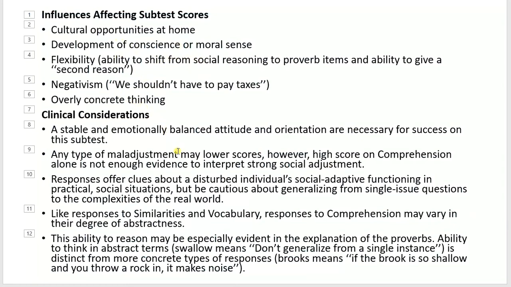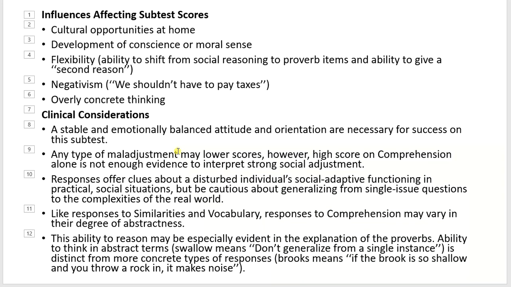And clinically, a stable and emotionally balanced attitude and orientation is necessary for success on this test. So, if you are not scoring well, then this may be an indication of emotional instability. Similarly, any type of maladjustment may lower a score. However, high score on comprehension alone is not enough to interpret otherwise that one is socially adjusted. Low score may show poor social adjustment.